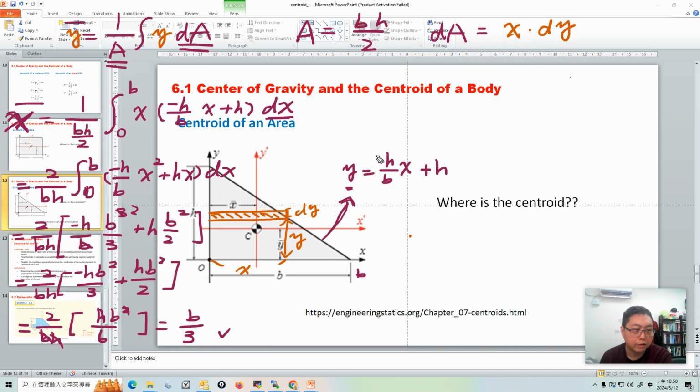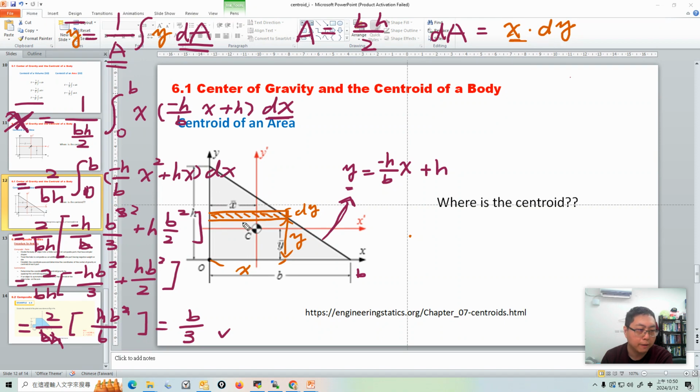And what's the next thing? What is x? Because we add the tiny volume all the way up in the y direction, our x is changing with y.